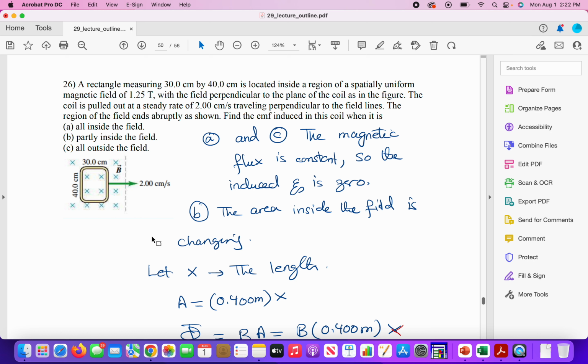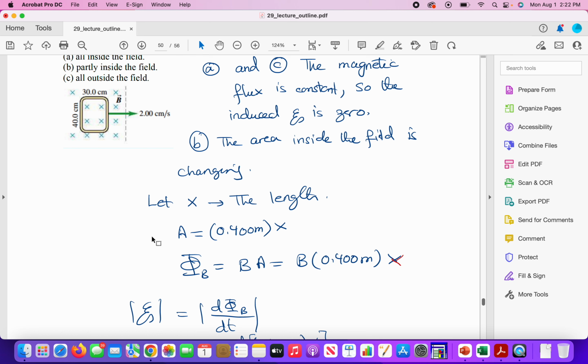Now for part B, when it is partially inside, we're going to assume that x is the part that is inside the magnetic field. Then the area inside the magnetic field is going to be 0.4, which is the width, times x, which is the length.